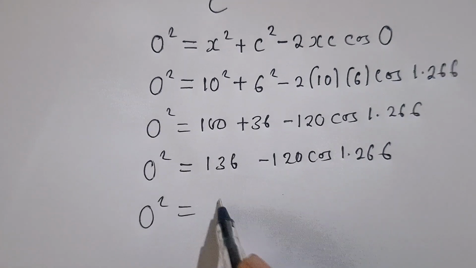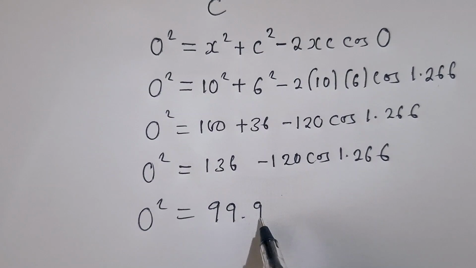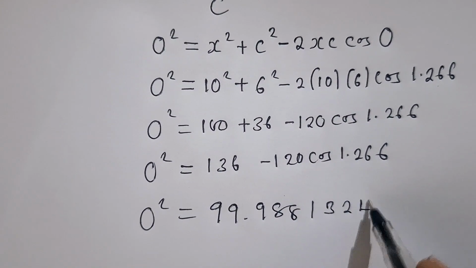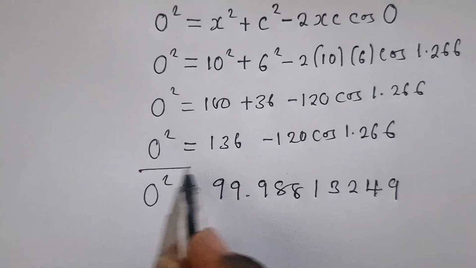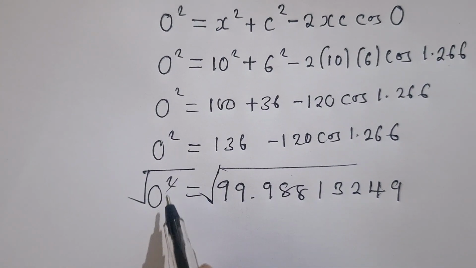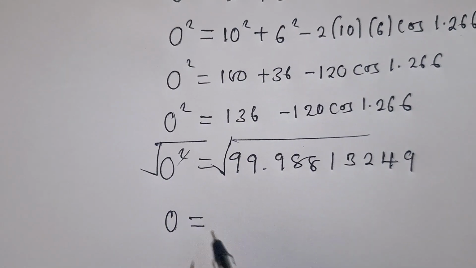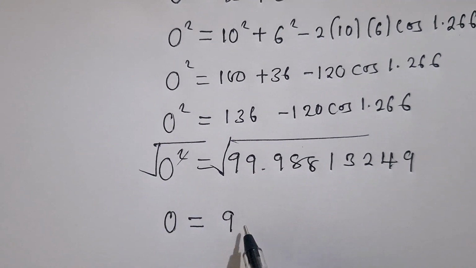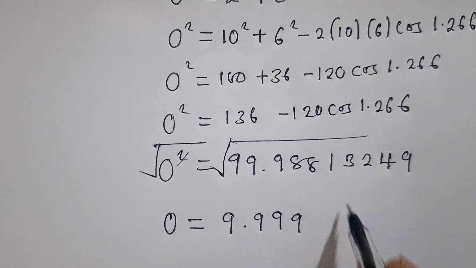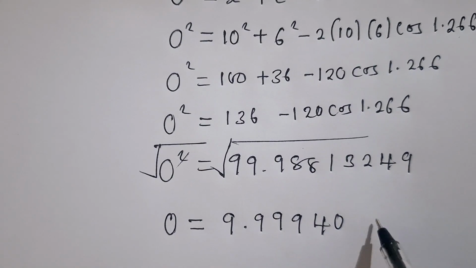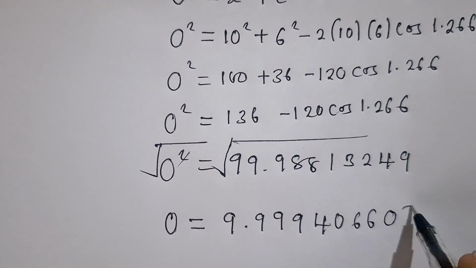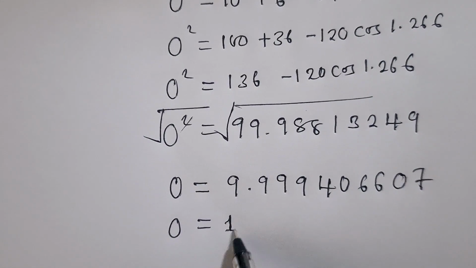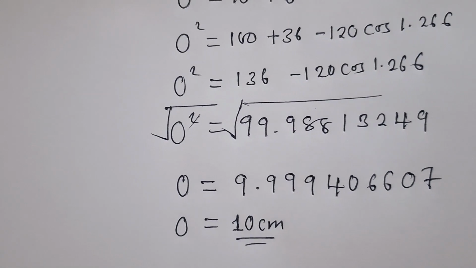This gives us 99.98132449. So we square root both sides to get rid of the power 2. o will be equal to 9.999406607. When we round off, the value of side o will be equal to 10 centimeters.